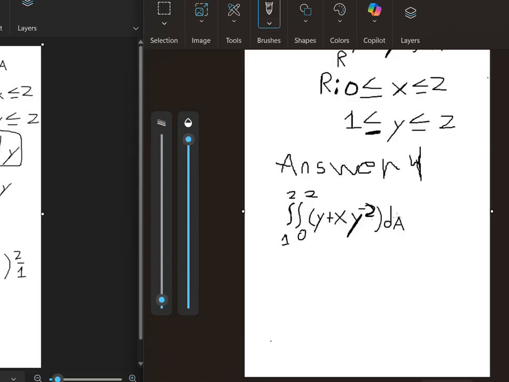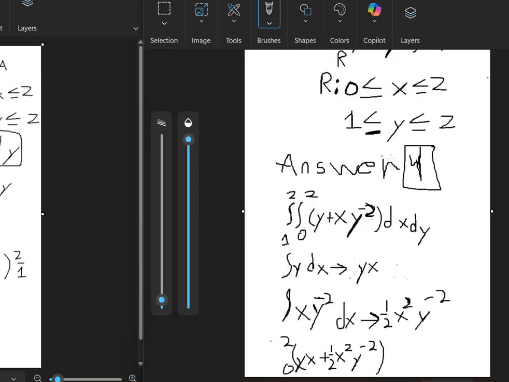And then we get rid of this A. And that is just X, Y. And that tells us the order right now. So I wrote these out to make sure that we have the order.